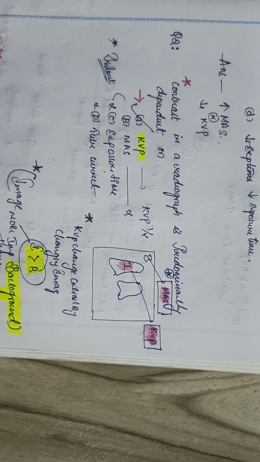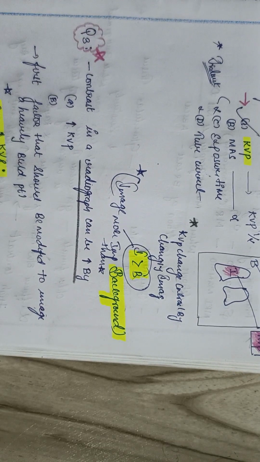The next important question, contrast in a radiograph can be increased by what? So either increase mAs. The first factor that should be modified to image a heavily built patient is kVp.